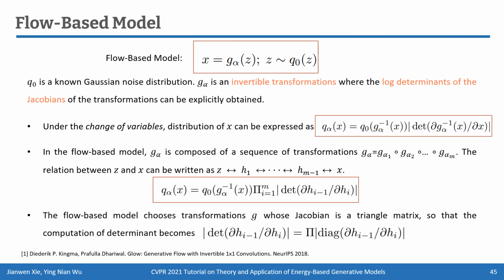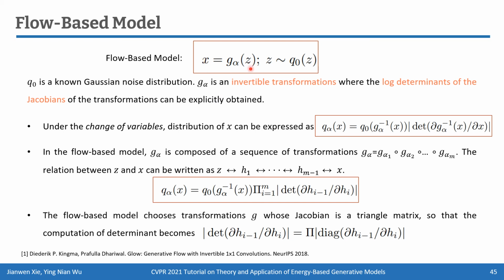Then how do we choose this noise distribution? We use a flow-based model. We don't need to get into the details of the flow-based model, except that it is a composition of a sequence of invertible transformations where the Jacobian can be explicitly computed. Therefore, this flow-based model gives us an explicit, normalized density function for x.